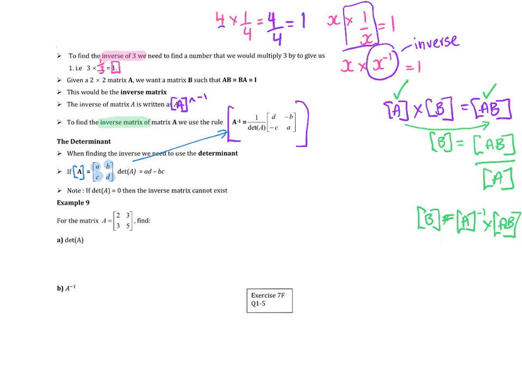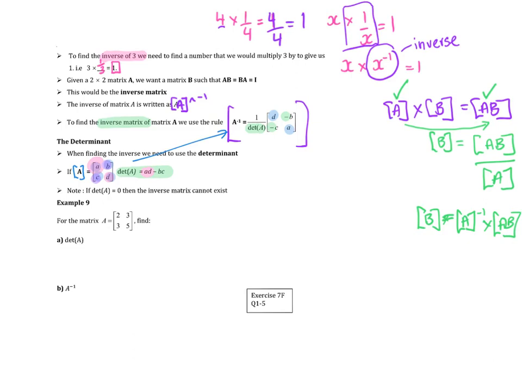So can you see what you're doing is you swap those numbers around, you make these ones negative, and then you also have to times it by 1 over this determinant. So what's the determinant? There's the rule of how you find the determinant. You take this A number and times it by the D, and you'll take C and B, and then you'll get a number.